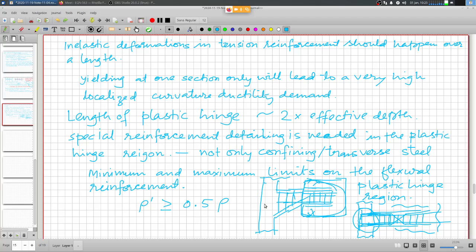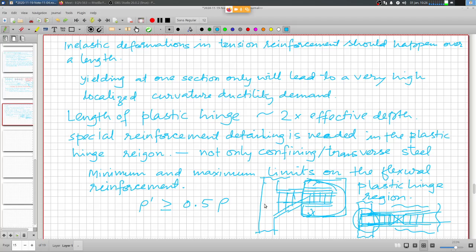You need to check whether there is adequate shear strength available, particularly in the plastic hinge region where there is severe degradation and severe elongation, and bond may not be as strong as in the elastic behavior. Then shear strength of the concrete cannot be relied upon, and the total shear resistance has to be catered by the transverse steel or the shear reinforcement.